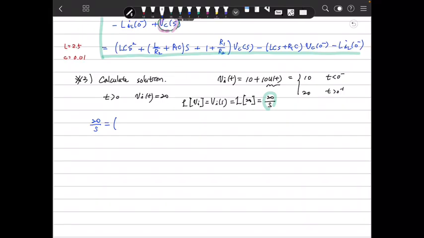So the result is 0.025 s squared plus 2.25 and 5 plus 0.015 s plus 1 plus, R1 is 15, R2 is 5, VCS minus LC, for the same reason 0.025 s plus 0.015 VC initial value.